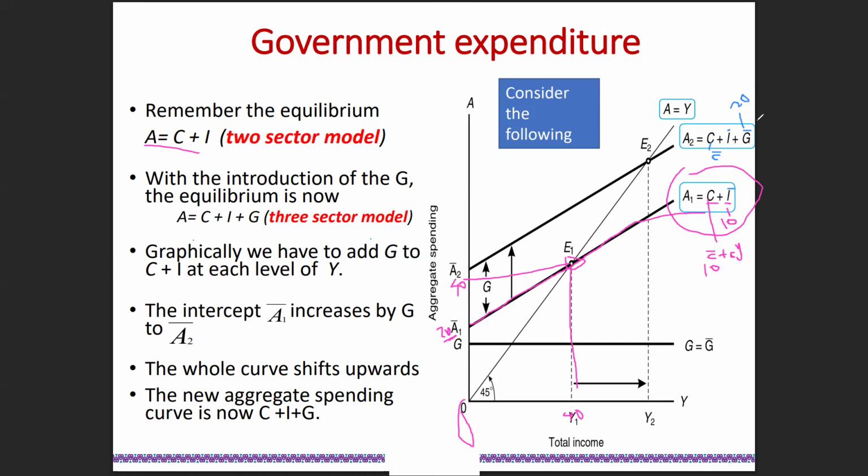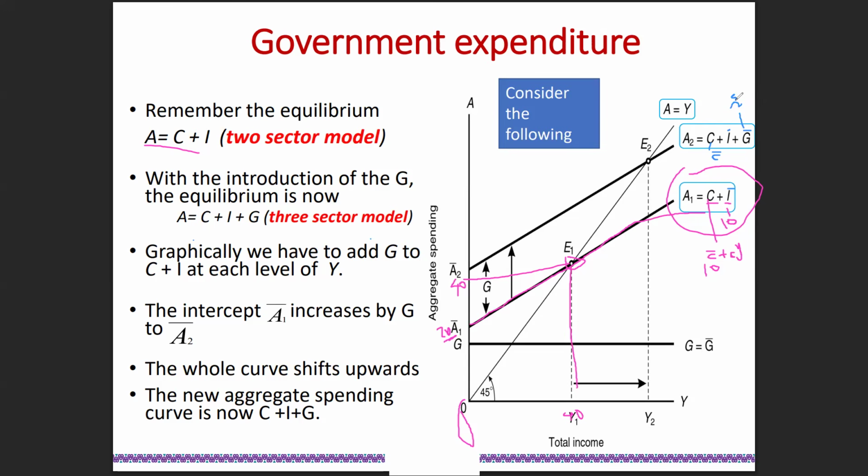So to calculate the autonomous components, it's going to be 10 for autonomous consumption plus 10 for autonomous investment plus 20 for government. Okay, let me not say 20, let me say 25 because I already have 40 here.